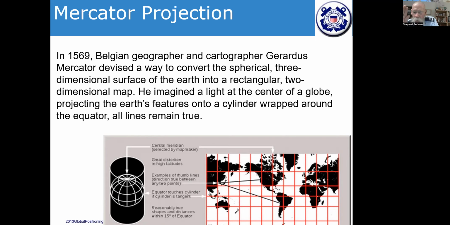I'd like to make one comment if we can before we quit. What you see on these charts and on a chart plotter, which is what most people use these days on their boats to navigate, is not real. It's a model of reality, an abstraction of reality.